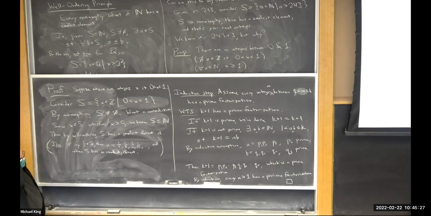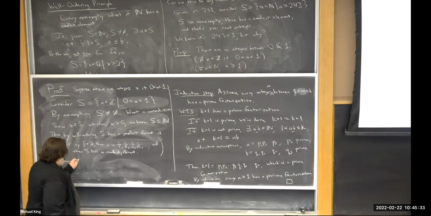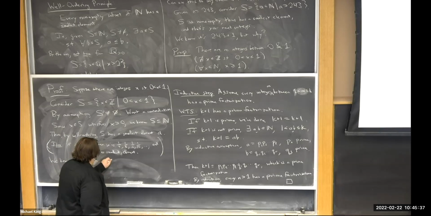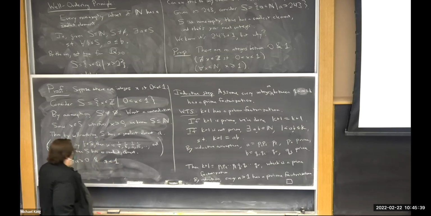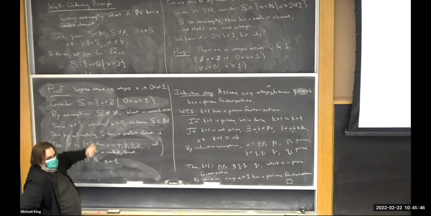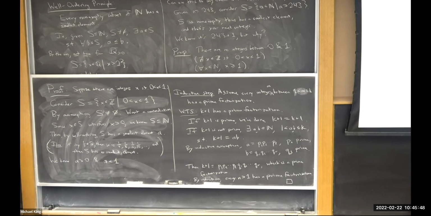So A, let's see, we know A is greater than 0 and A is less than 1, right? I'll write that as two separate statements. And we know every other element of this set is bigger. Remember, this is a set of integers between 0 and 1.